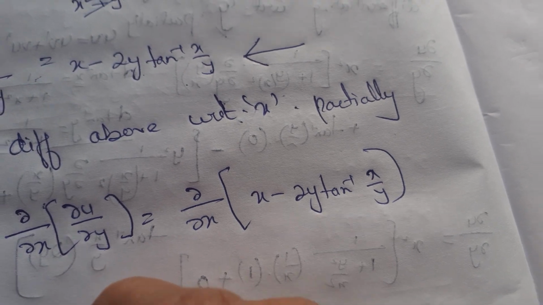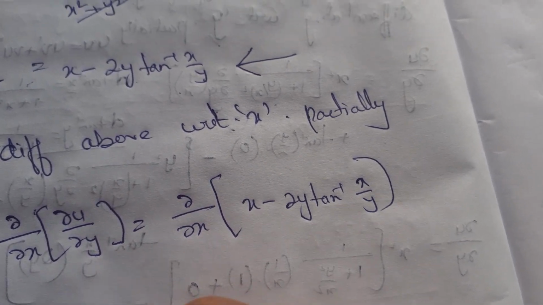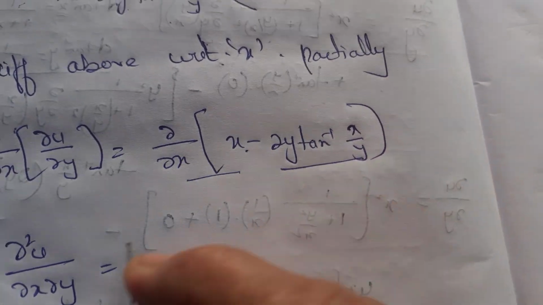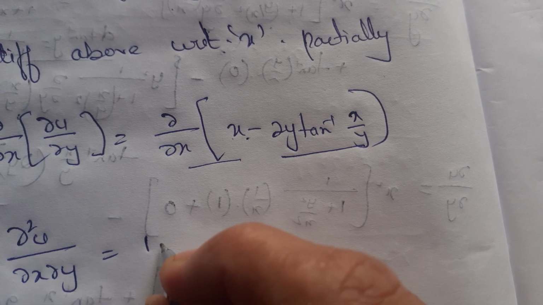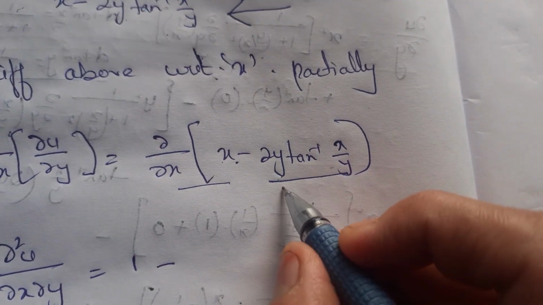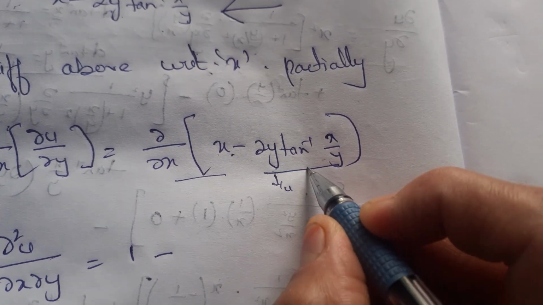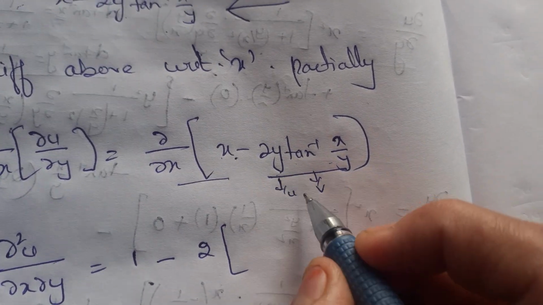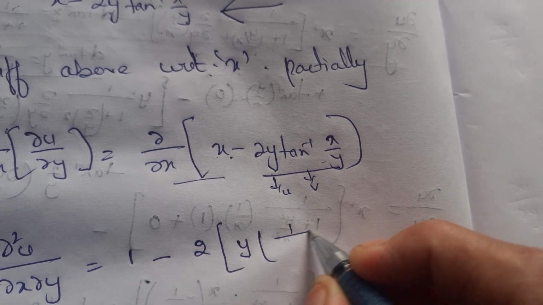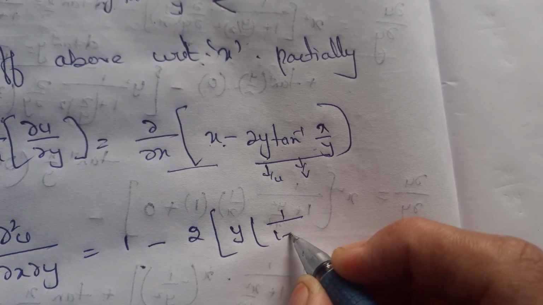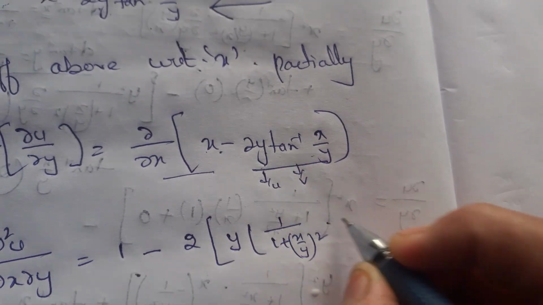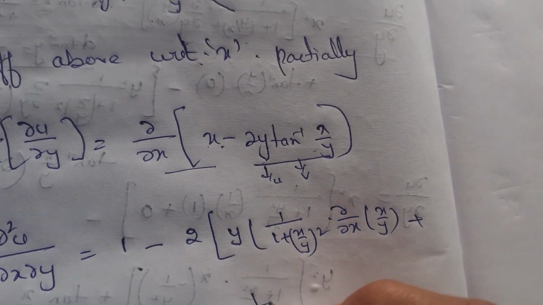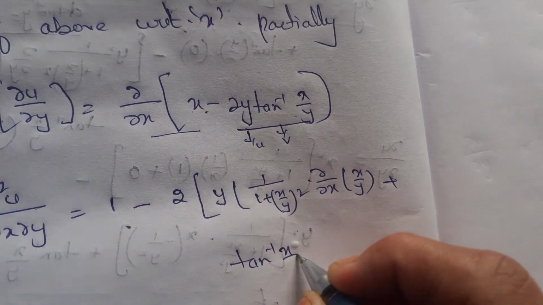So it becomes dou square u by dou x dou y. Here, this is one function and this is another function. Differentiation of x becomes 1, minus, and here there are two functions, u and v, keeping 2 as constant. So y stays as it is, and differentiation of tan inverse becomes 1 by 1 plus x by y whole square, into dou by dou x of x by y, plus tan inverse of x by y as it is.